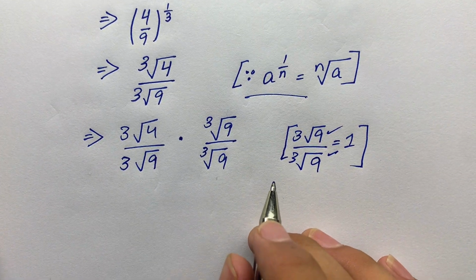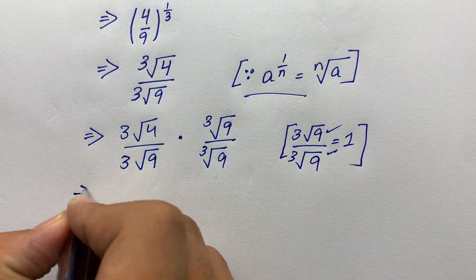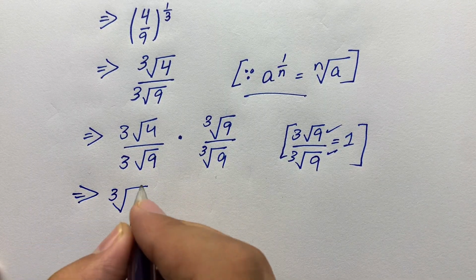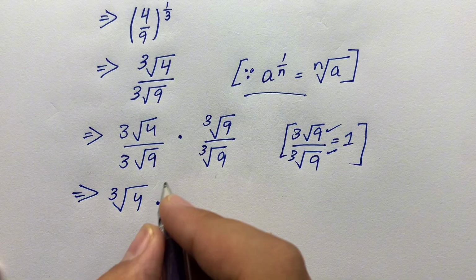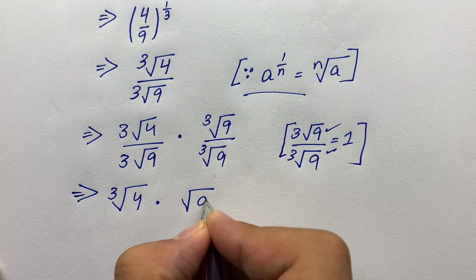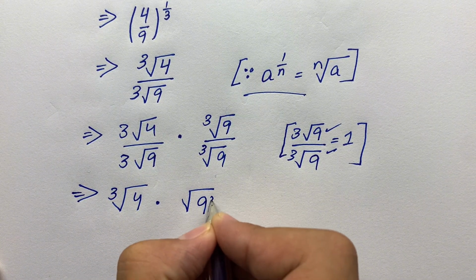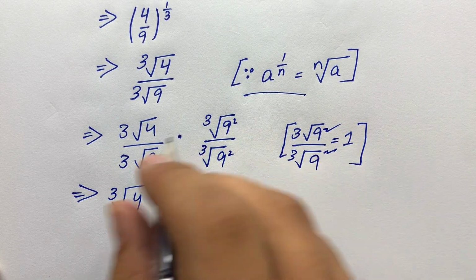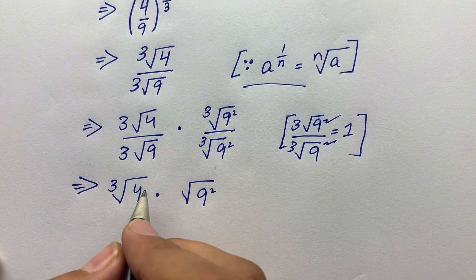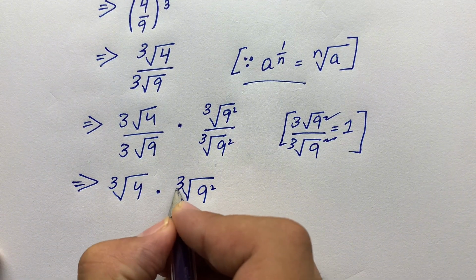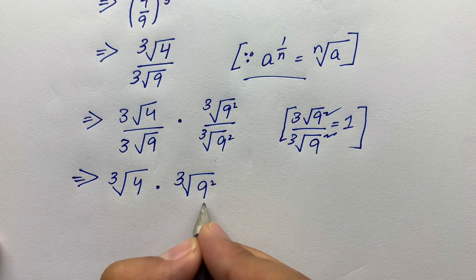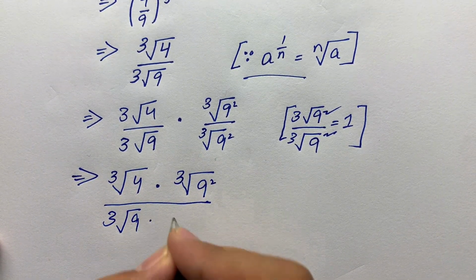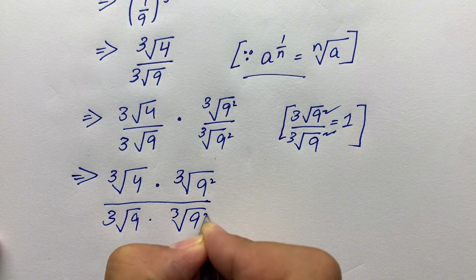So in the next step, 4 into 3 multiplied by root of 9 square, and this 9 square into 3, divided by 3 into 9 into 3 into 9 square.